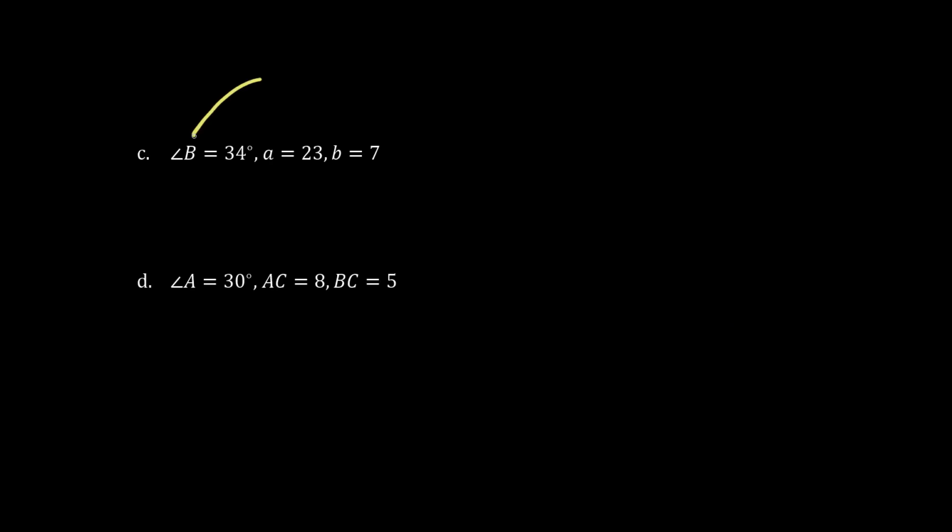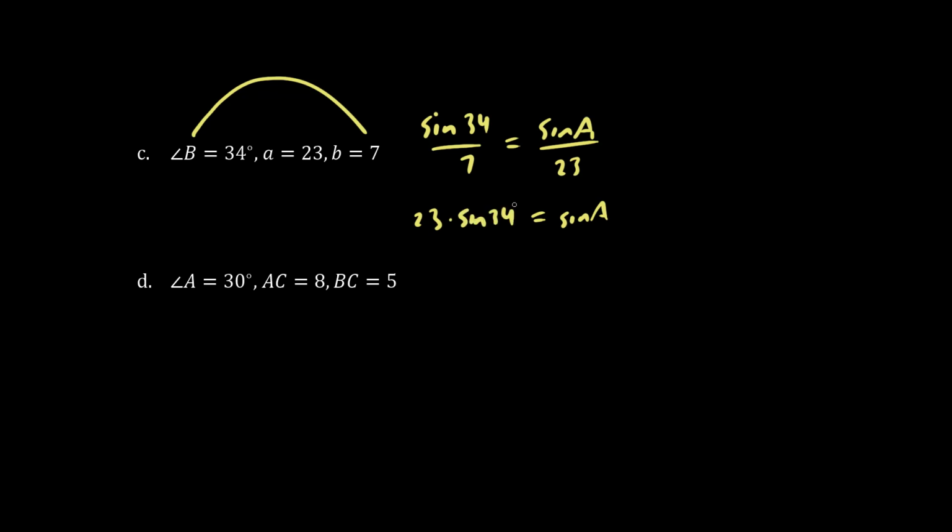Now let's try this triangle. Let's work with the B's. Sine of angle B over b equals sine of angle A over a, which is 23. Multiplying both sides by 23, we have sine A equals 23 times sine 34 degrees over 7, which is about 1.83.